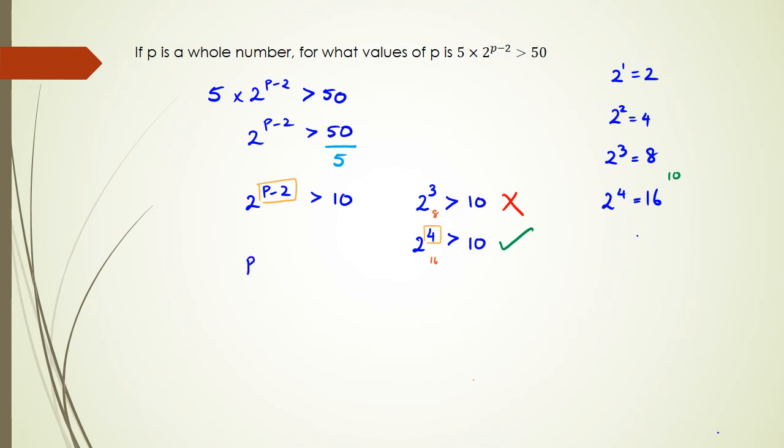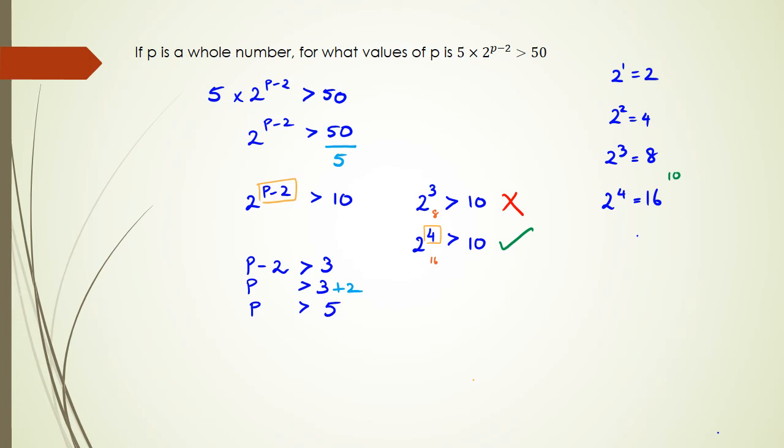So I write down p minus 2 has to be, well, you can do bigger than 4, no, bigger than 3. Let's just do bigger than 3. So if p minus 2 has to be greater than 3, then p is greater than 3 plus 2, so p has to be bigger than 5.